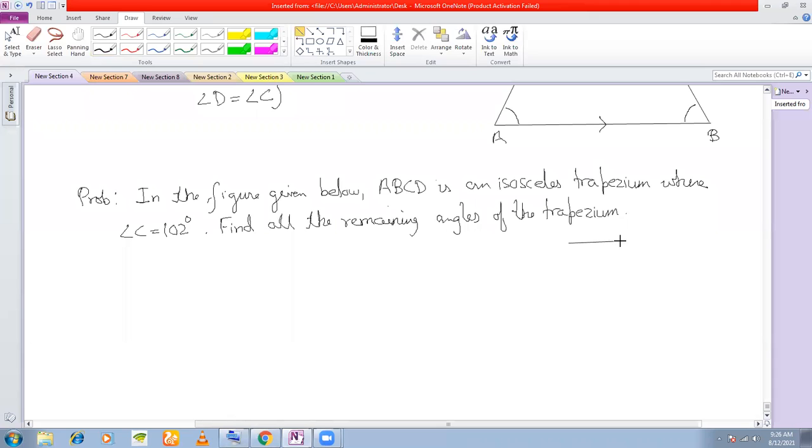The figure that is given to you here has this angle given as 102 degree, and these two sides are given as equal. Okay.